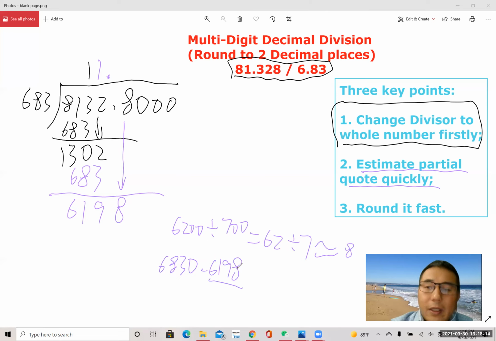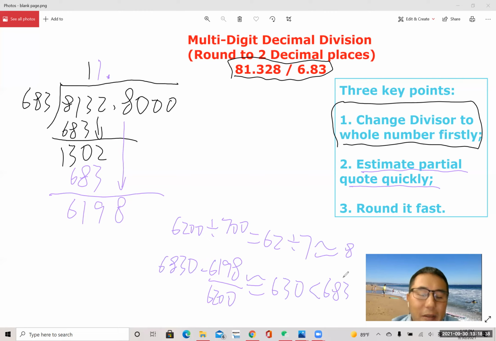So we quickly get, which is less than the divisor.